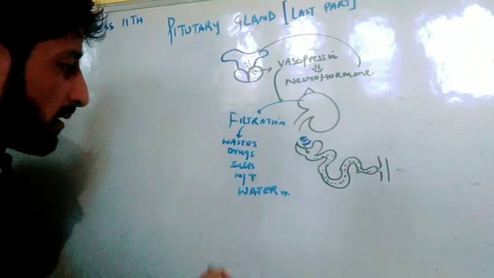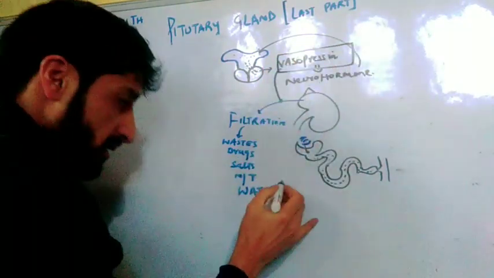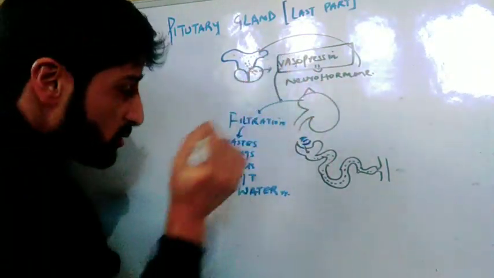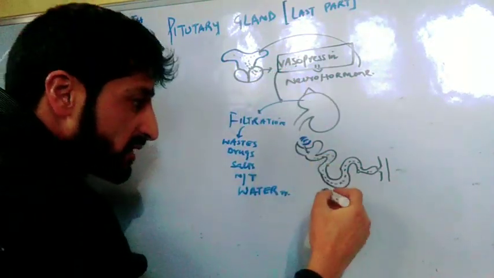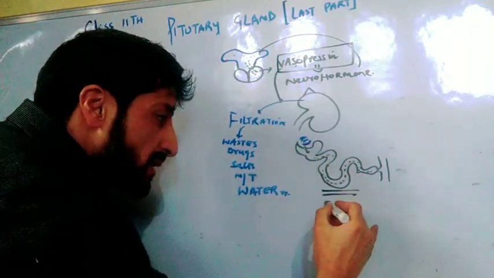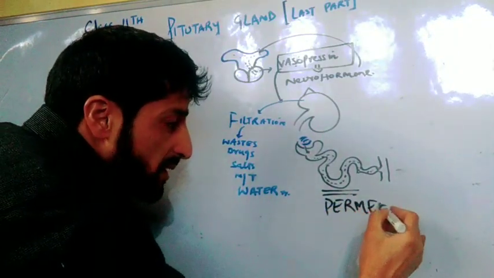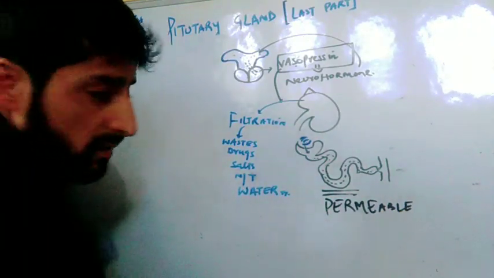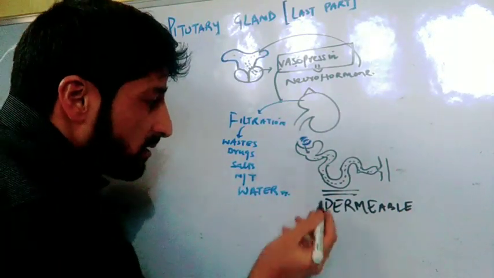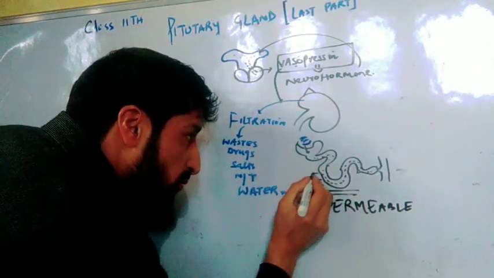Now, it is this hormone that you call vasopressin. Vasopressin makes the nephrons highly permeable. For what? For reabsorption of water.